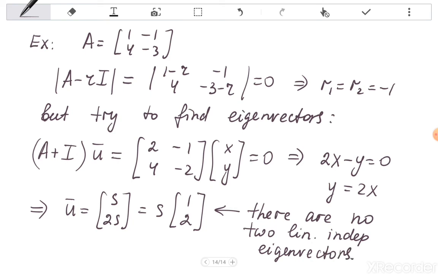So what can we do in this case? We will discuss it in some following lectures. But let's summarize now what we can do.